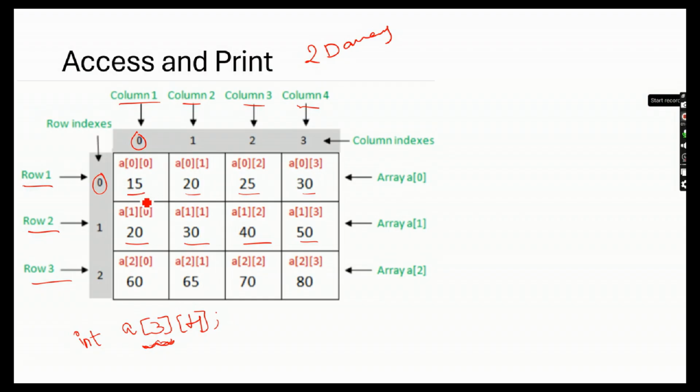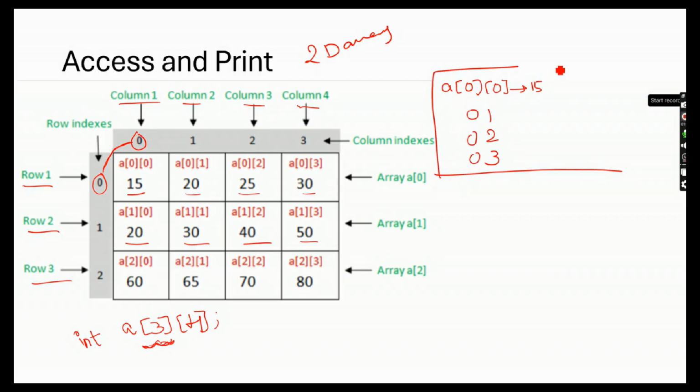Directly we cannot print 15. We can print 15 using its index values. If we use 0, 0, the value 15 will get printed. In the same way, to print 20, it will be 0, 1. For 25, 0, 2. For 30, 0, 3. This is all about the first row.